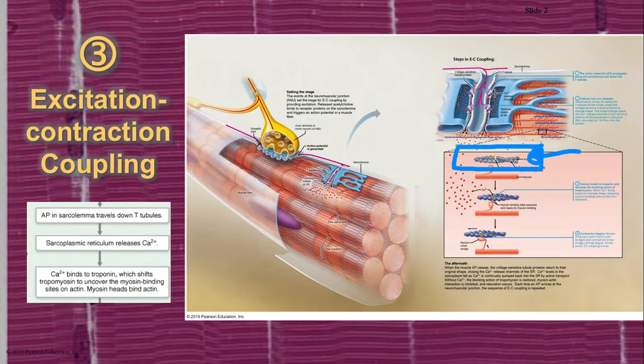And the calcium leaves the sarcoplasmic reticulum and floods the muscle fiber. That calcium then binds to troponin, which changes shape and moves the tropomyosin out of the way. And now, on our actin, we have myosin binding sites that are available.